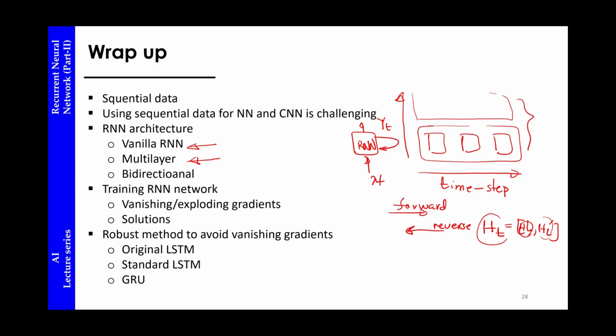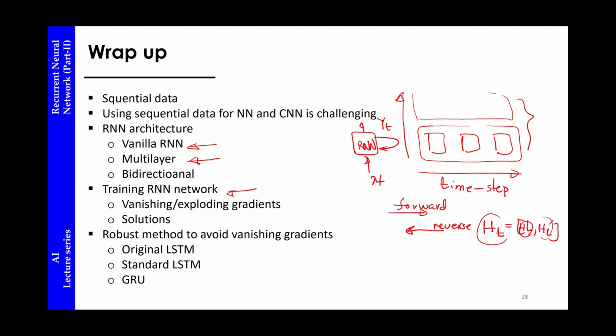We discussed a bit the mathematical insights of training recurrent neural networks and the challenges that we encountered during the training. The challenge was vanishing and exploding gradients. And we introduced some solutions. One solution was clipping the gradients by value. The other method was clipping the gradients by norm.